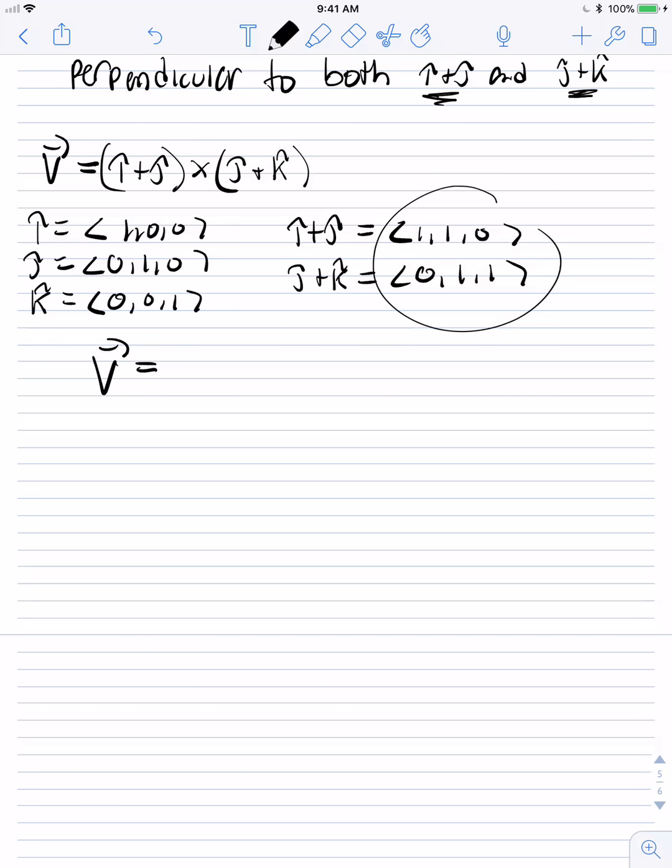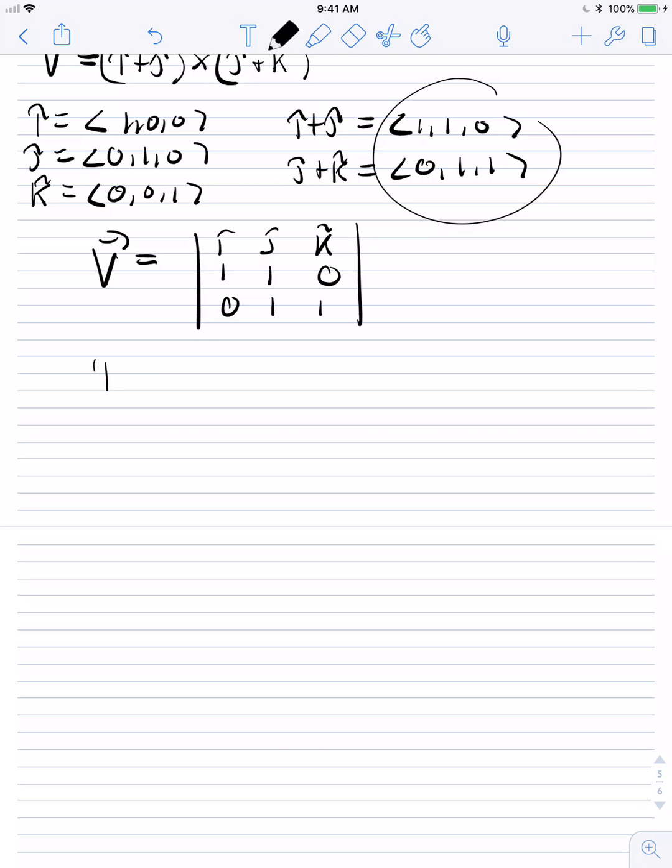So our v vector would be equal to the cross product in i, j, k hat form, and we got 1, 1, 0, 0, 1, 1. Solving for the i component, we got the determinant of 1, 0, 1, 1, minus the j hat component, 1, 0, 0, 1, plus the k hat component, 1, 1, 0, 1.